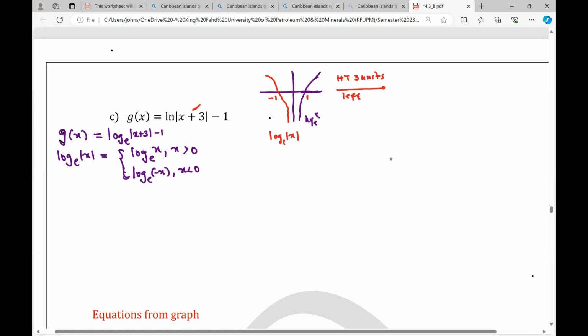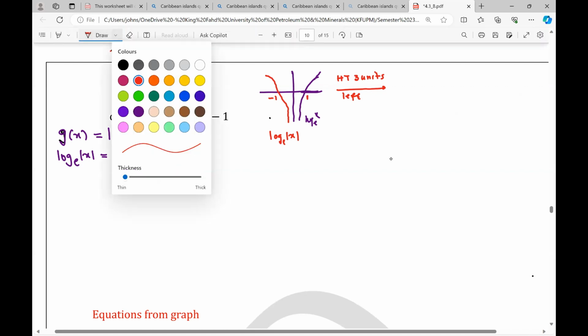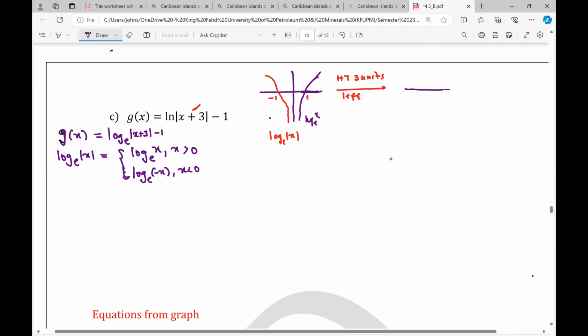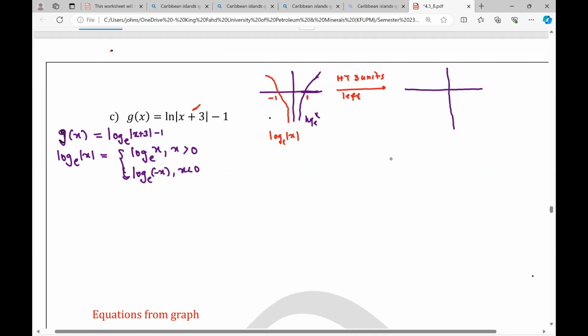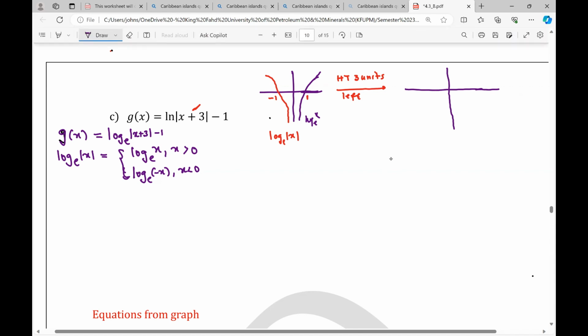For 3 units left, it simply means that we are moving the whole graph by 3 units. Now this is 1. If you move it 3 units to the left, if you move it once, it will be at 0.